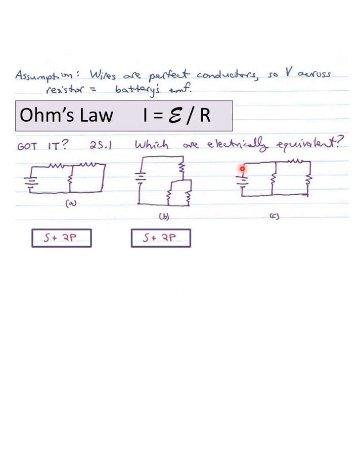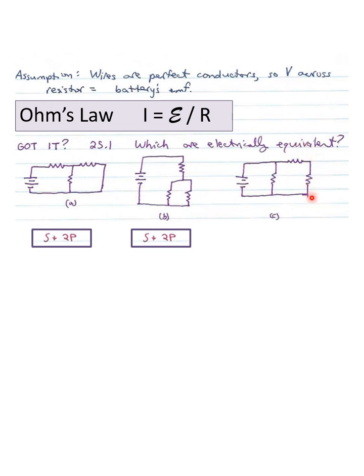Now let's look at the third one. Here we have the current. We start at the positive terminal. It goes, and now it meets a junction. So it's different from the other two. The other two, it hit a resistor first, but here it's meeting a junction. And you've got these two limbs, these two legs that are parallel to each other. Some of the current will go down, some of it will go to the right. And as it goes to the right, there are these two that are in series with each other.